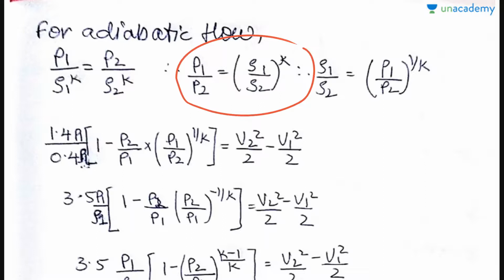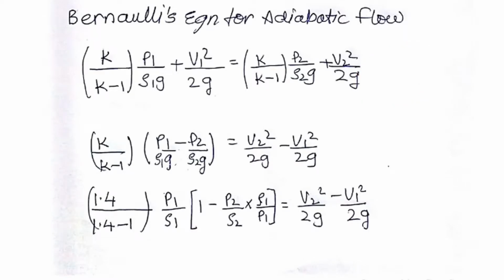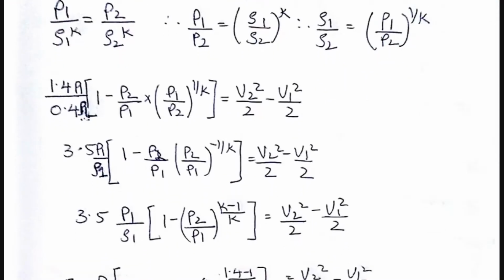Whole to the power of 1 by K, this will become equal to rho1 divided by rho2, and that value will be equal to P1 divided by P2. So we get this as the value of rho1 divided by rho2. In this particular part, we will replace it by this value. After we replace this, we get this as the equation.